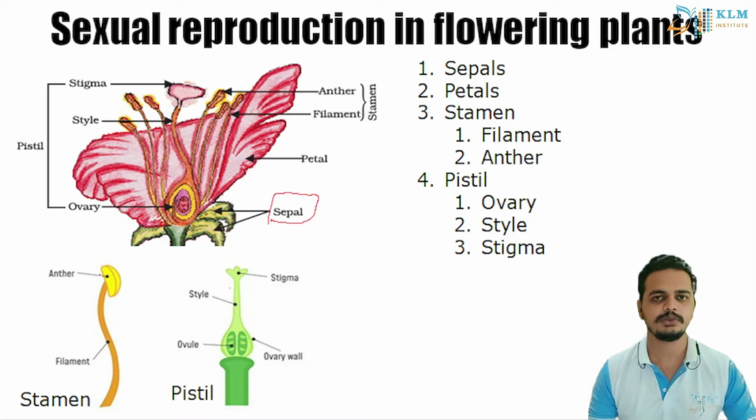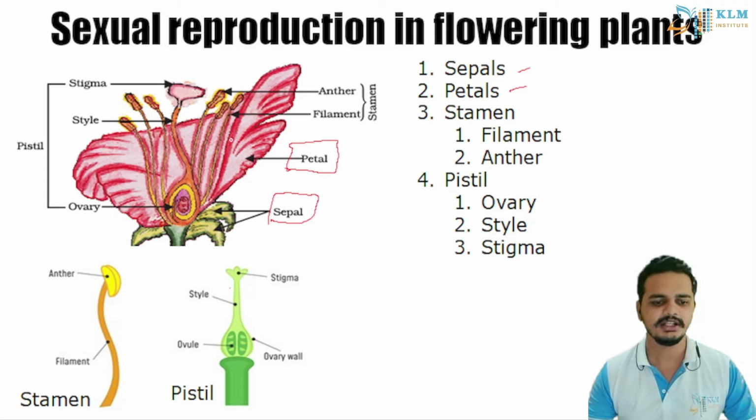The outermost layer is the sepal, and then we have the petal, which is colorful. Sometimes it's red, yellow, purple, lavender. So petals have the color. Sepals are usually green, and are just there for covering and protecting the buds of the flower.